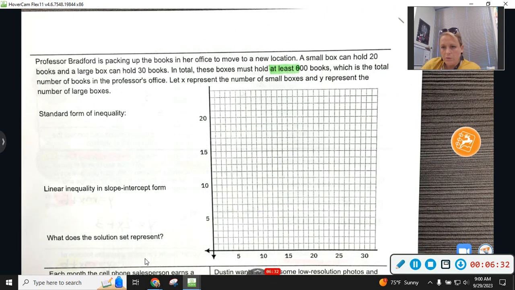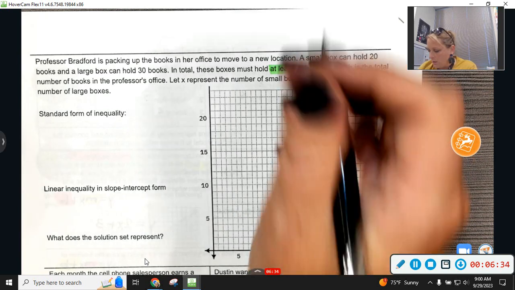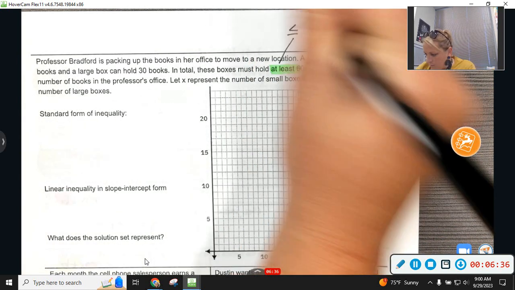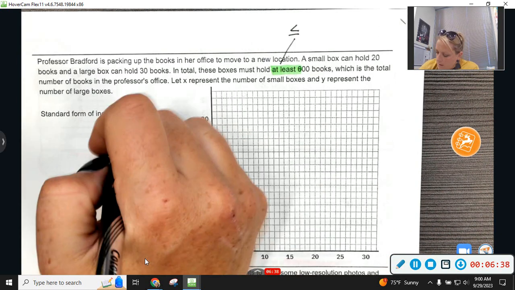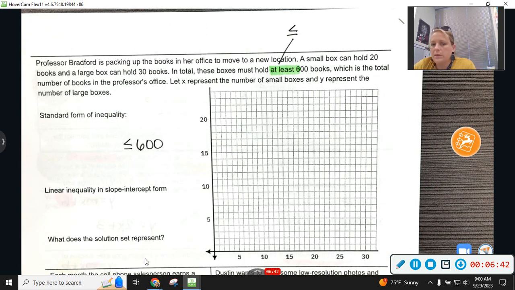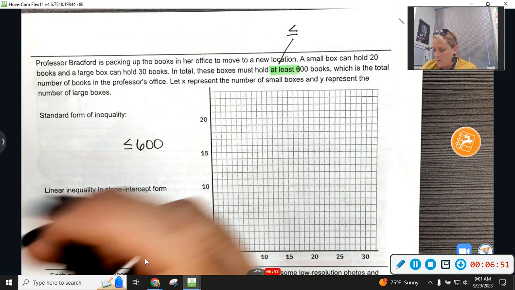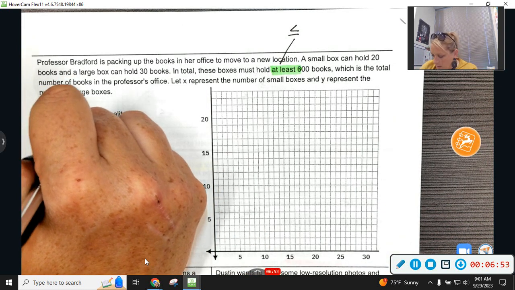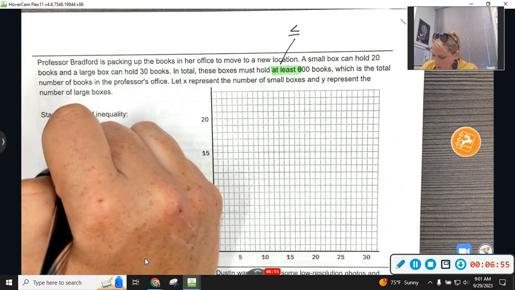If your mom goes to the store and you need to buy at least this many, that one's going to be this one. Okay? So I know my total needs to be at least 600. We're going to let X be the small boxes and Y be the large boxes. So small boxes hold 20X and large boxes hold 30Y.